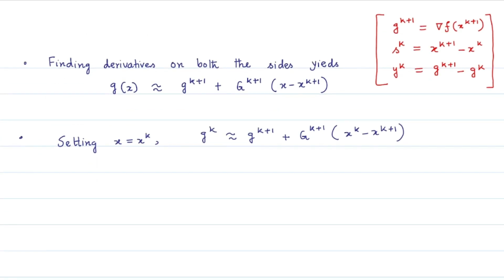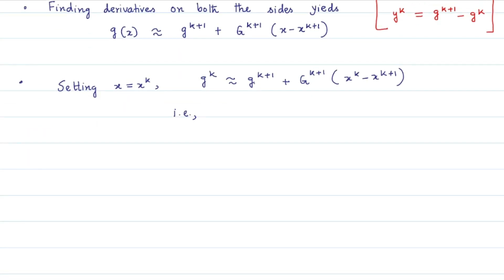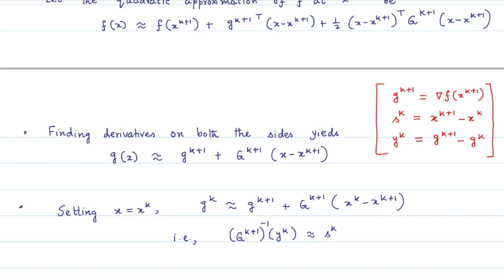So finally, bringing this gk+1 to the left hand side and then taking the inverse of Gk+1, we get the inverse of Gk+1 times the vector yk, which is gk+1 minus gk, our usual notation, and on the right hand side we have approximately sk, where sk is equal to xk+1 minus xk.